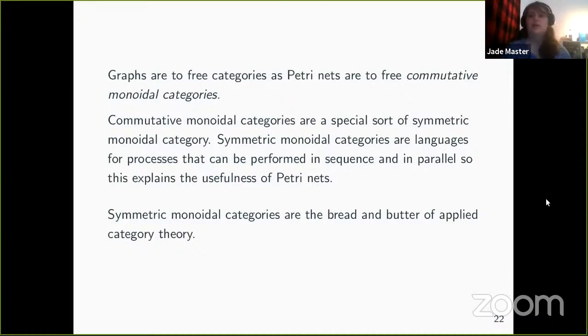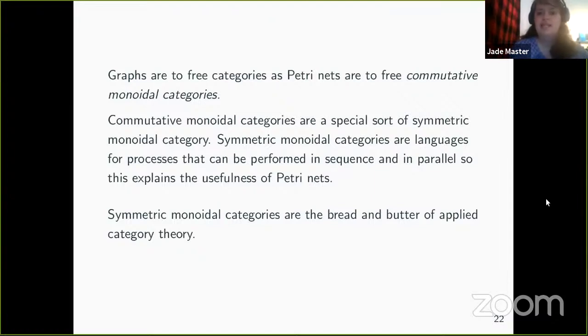And the morphisms are going to be firing sequences. So every time I clicked, that was a firing. And a firing sequence is some sequence of those clicks. So the token game that I was talking about, that animation, is really formalized with this free reflexive transitive closure process, which turns every Petri net into a free commutative monoidal category.